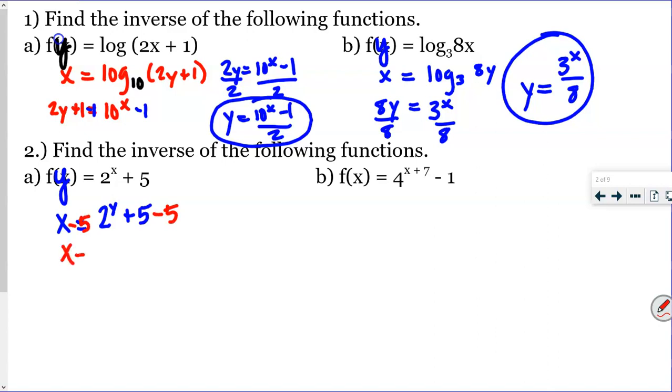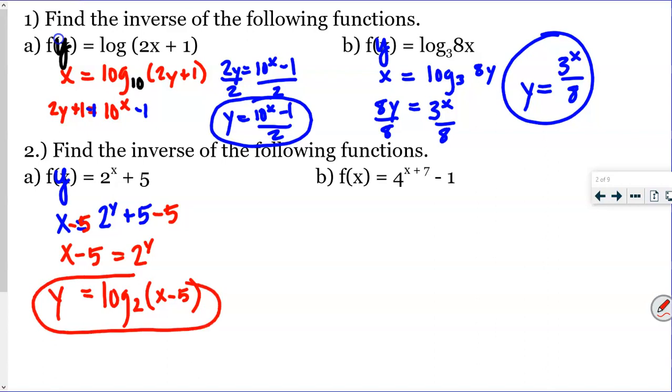So now we have x minus 5 is equal to 2 to the y power. Now we can put this in a logarithmic format, right? So our base is our base. So we've got log base 2 of what's on the other side of the equal sign, x minus 5, and that's going to be equal to our y. So that's our answer here.